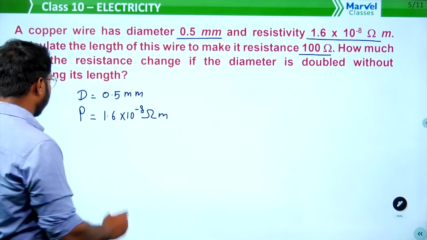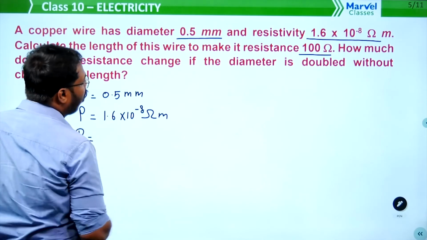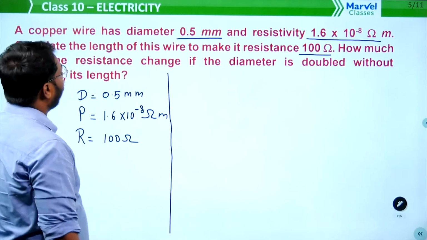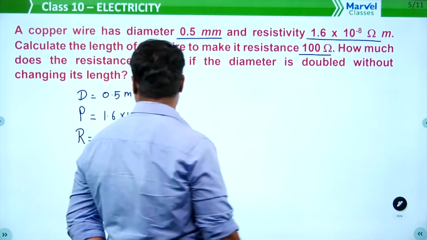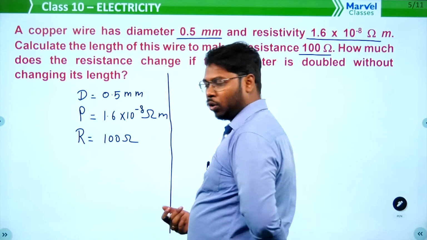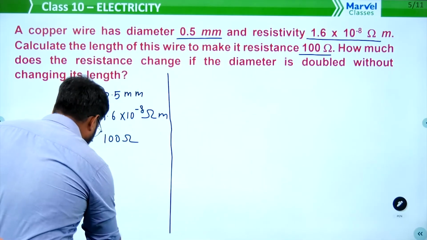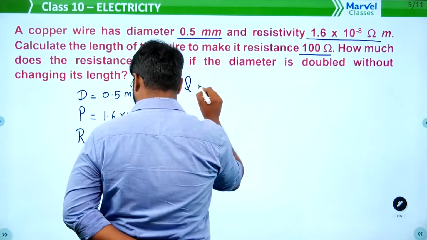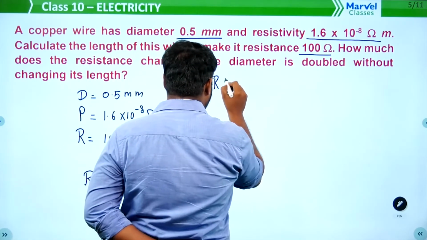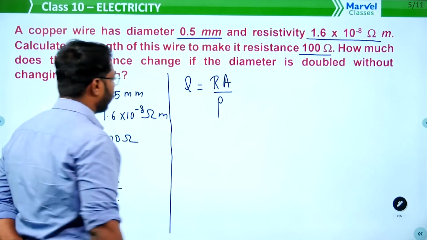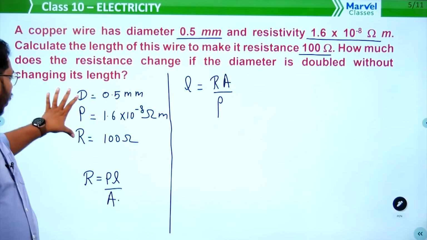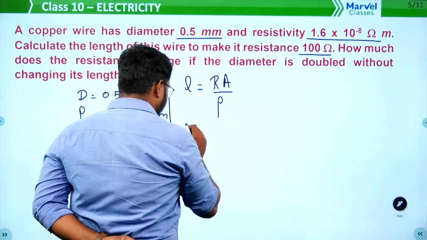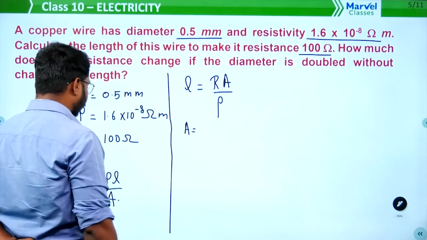I have to get a resistance of 100 ohms, so for this I am going to calculate the length. You know the formula, R is equal to rho into L by A. So L is equal to R into A by rho. I will plug in all the quantities, but before that, I need to calculate the area.